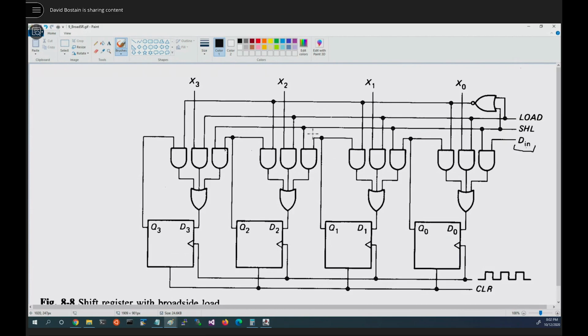So let's take a look here and see what the wiring is actually doing, because I think it's interesting enough that maybe we could learn something from it. If we make the data in any value, we call it X, and we have set shift left to a 1.